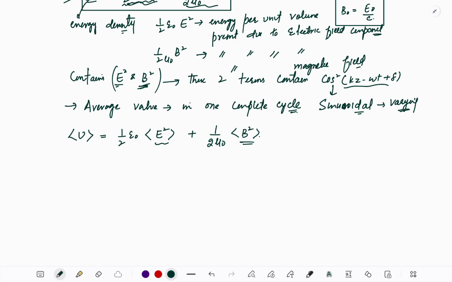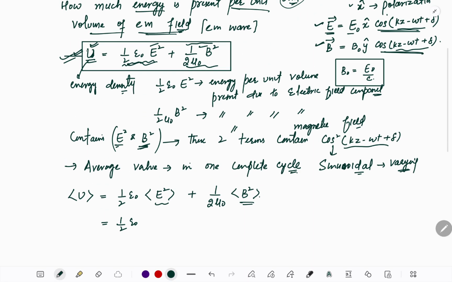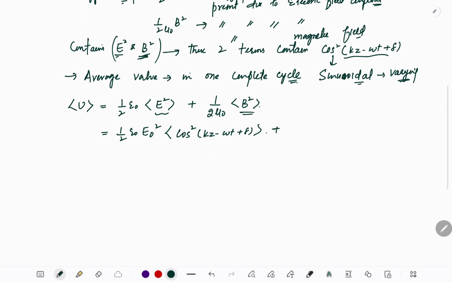So 1 by 2 epsilon 0 E square becomes E naught square times the average of cos square of kz minus omega t plus delta, plus 1 by 2 mu 0 B naught square times the average of cos square of kz minus omega t plus delta.